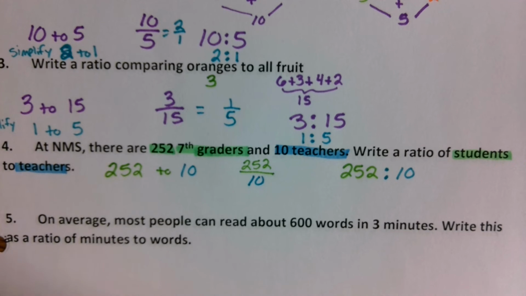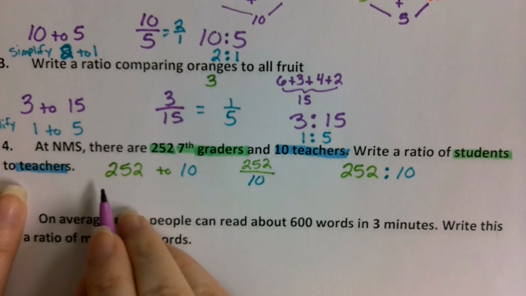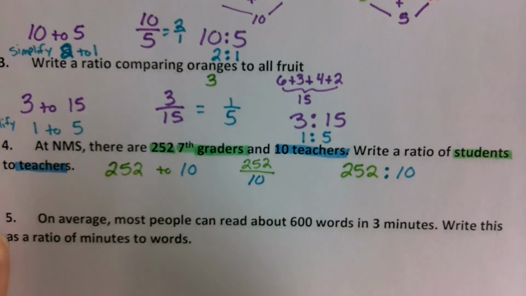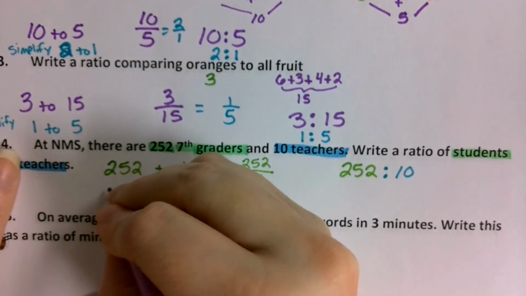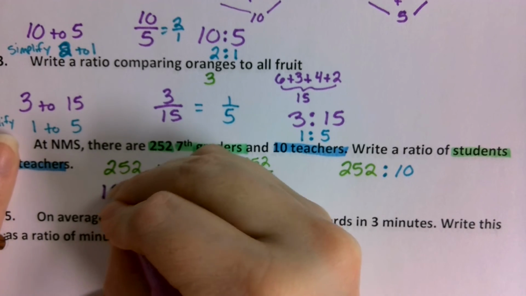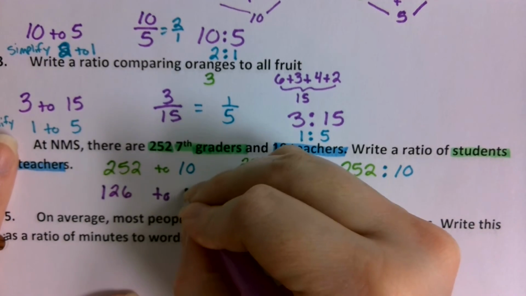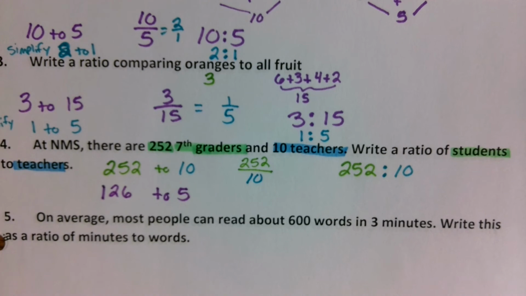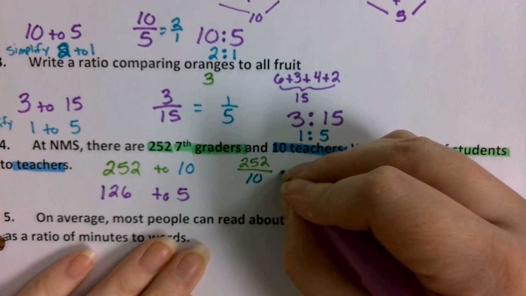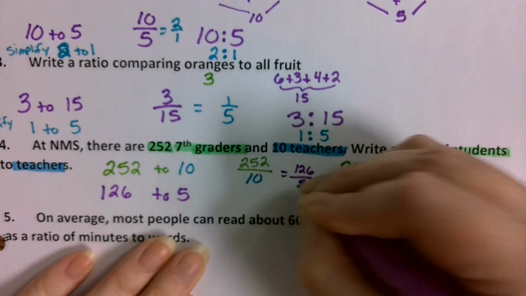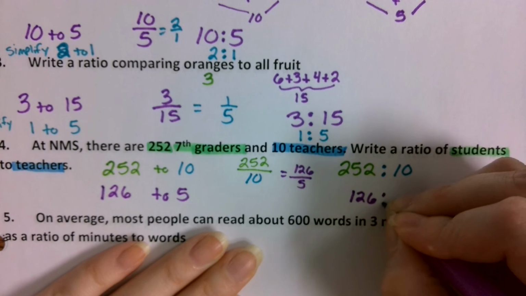Even numbers end in 0, 2, 4, 6, or 8. So if they're both even, that means they're both divisible by 2. So they can both be simplified down. This can be simplified to 126 to 5, 126 over 5, and 126 colon 5.